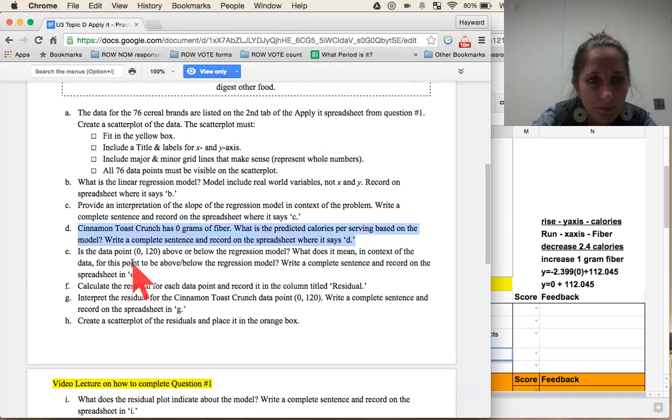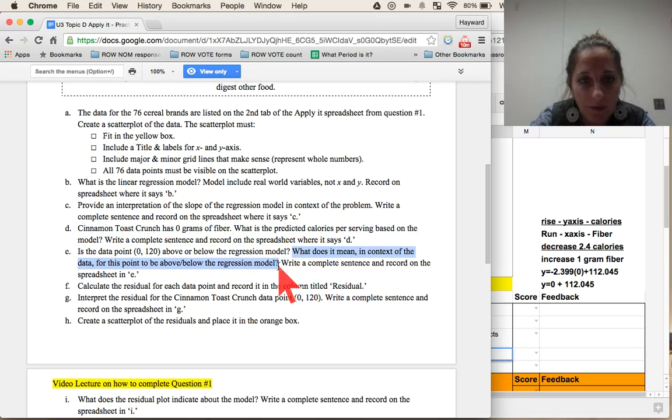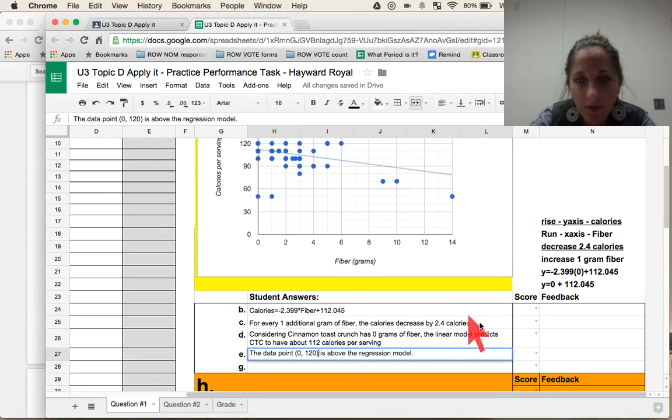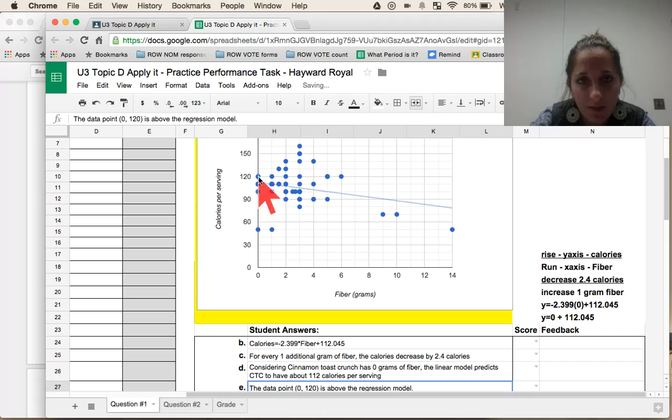Okay, next part. What does it mean in context of the data for the data point to be above the regression model? So remember, if it's above the regression model, then that means, because remember, these are the predictions, and this is what actually happened. So what actually happened was more than what we predicted.